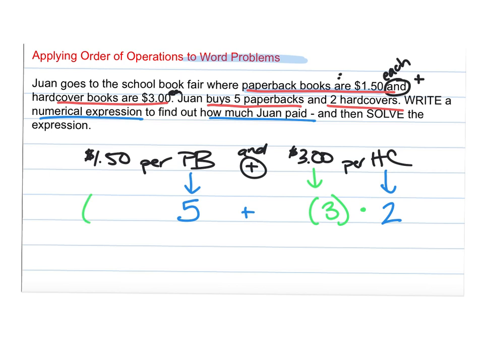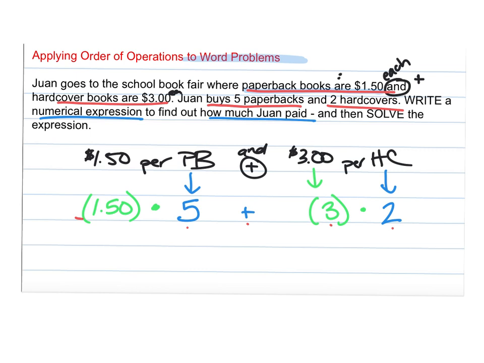And over here, if he bought 5 paperbacks and they were each $1.50, sure, repeated addition, but I could also simplify that and multiply. So my numerical expression here is that, and I could read it back to myself to make sure it makes sense. It's $1.50 for 5 paperback books, and it's $3 for the 2 hardcover books that he got each. How much total is that?